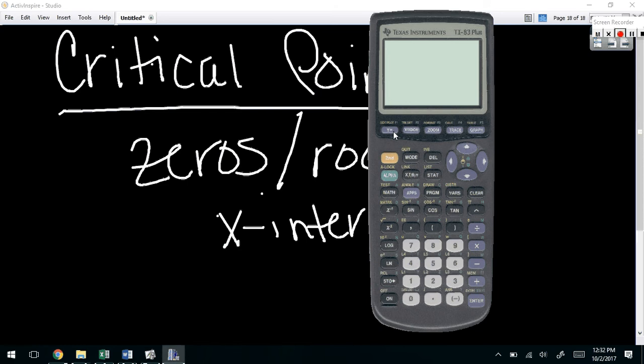Oh, does this work? Yeah, but that's an 86. It's a little different. No, that's not a graphing. I think somebody ran off with my graphing, my 83. That's fine. All right, let's graph.